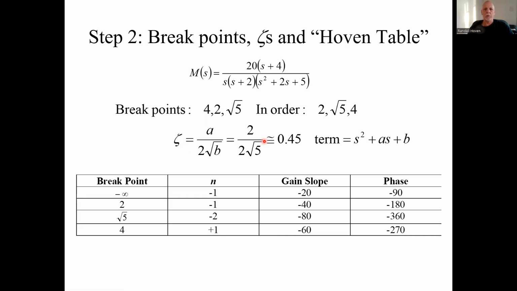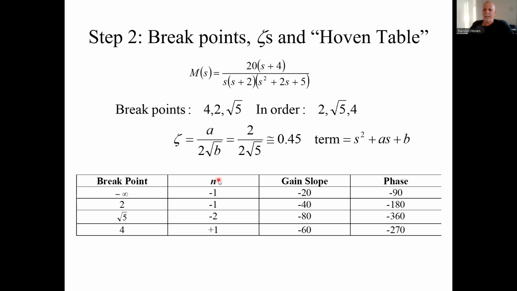When it's very big, not big, but this is probably a little bit too large to worry about. It won't affect our plot. We'll talk about this in other examples. But okay, we have our breakpoints. We put them in the table in this left column in order.